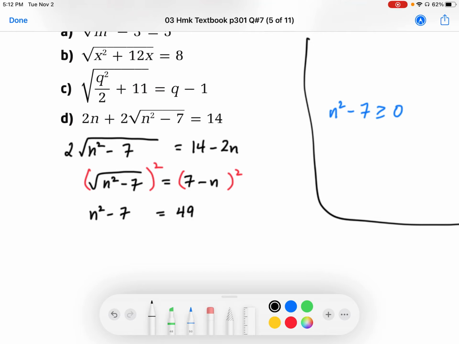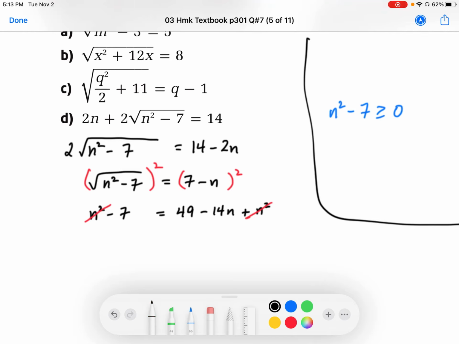I get 7 times 7, 7 times negative n, and 7 times negative n twice, so I get negative 14n plus n squared. Again, it's really important that you never apply exponents or roots across pluses and minuses. So this is a quadratic equation. However, the nice thing about this quadratic equation is that the quadratic parts cancel out.